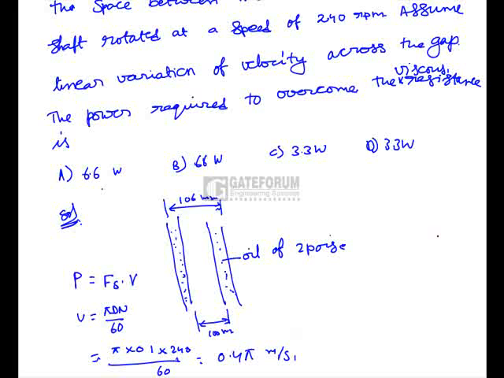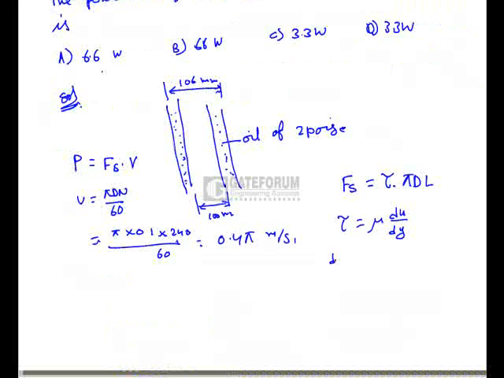Now we'll have to find out the shear force, where shear force is equal to the stress developed in the fluid into the shear area, that is pi d l. Okay, here the stress varies linearly, so we can apply tau is equal to mu into du by dy, where dy is (106 minus 100) by 2, which is equal to 3 mm.